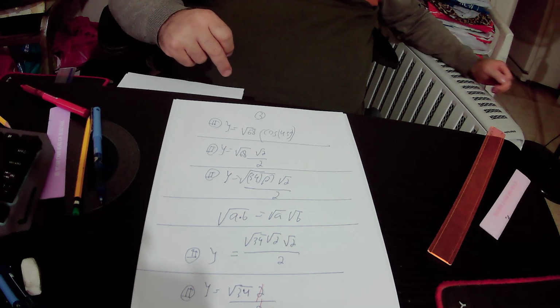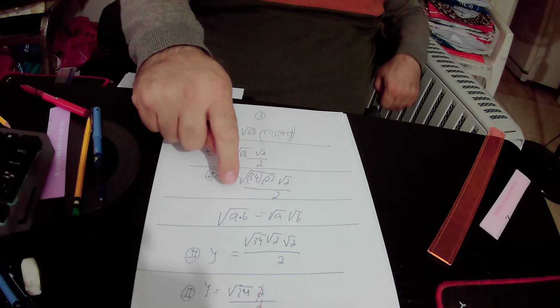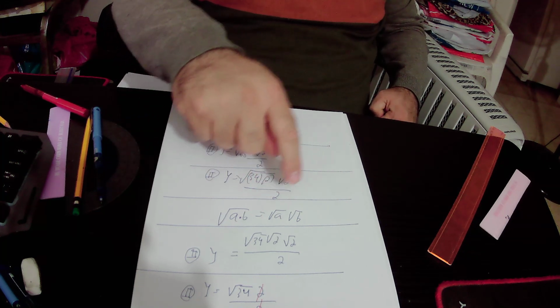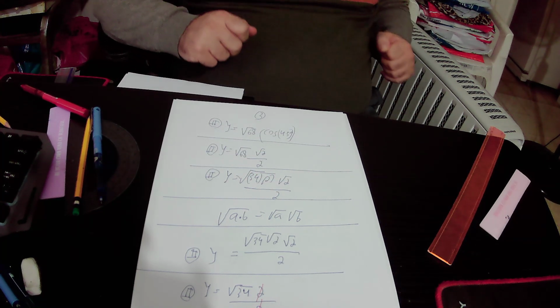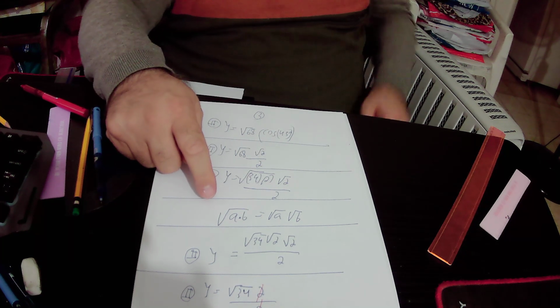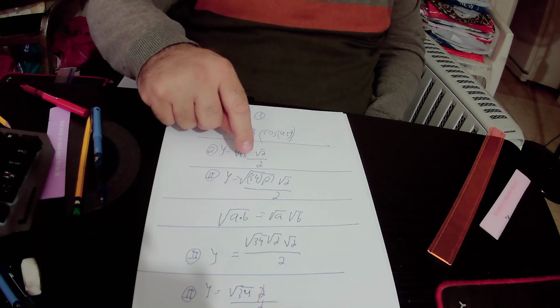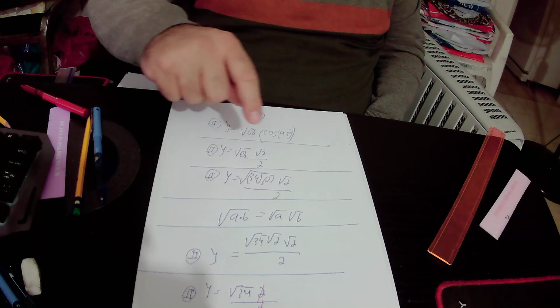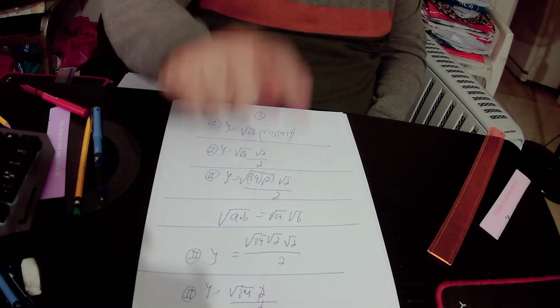But we have the rule that the square root of A times B equals the square root of A times the square root of B. And so according to this rule, the square root of 34 times 2 will be equal to the square root of 34 times the square root of 2.